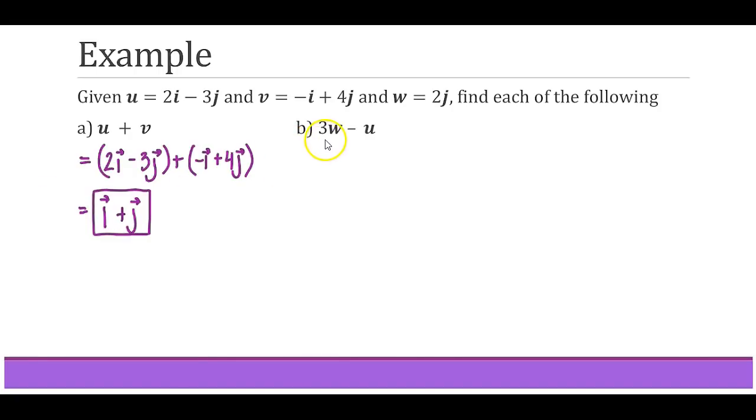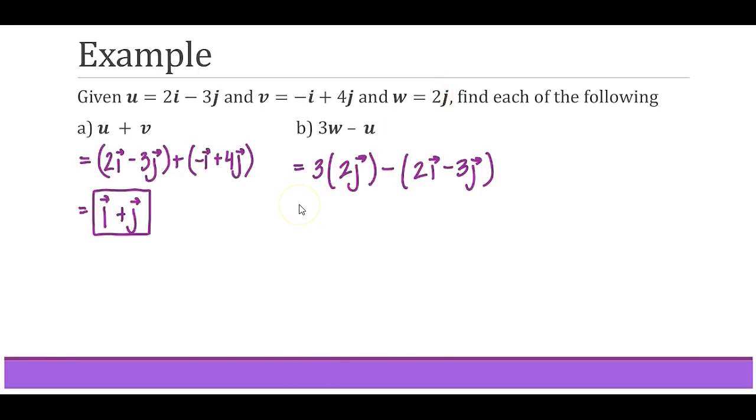In example B, we're going to throw in some scalar multiplication. We have 3 times the vector w, which is 2j, minus the vector u, which is 2i minus 3j. Here we multiply 3 times 2j. Notice there's no horizontal component, no i component, so it's like a 0i, and we essentially ignore it.